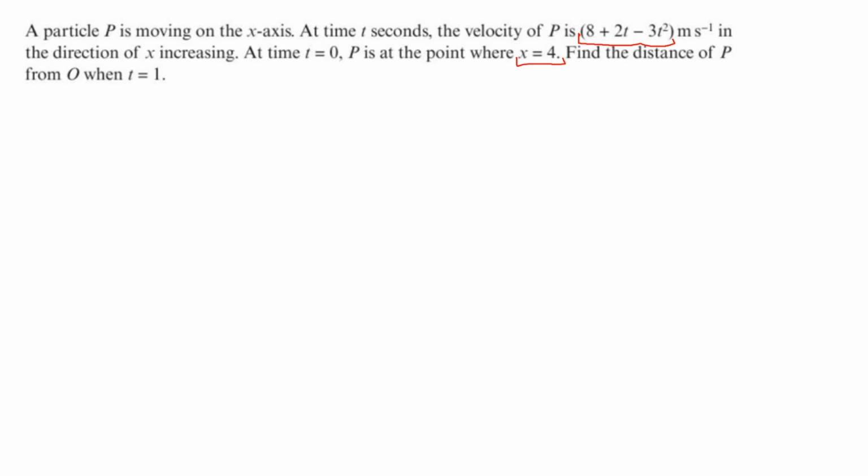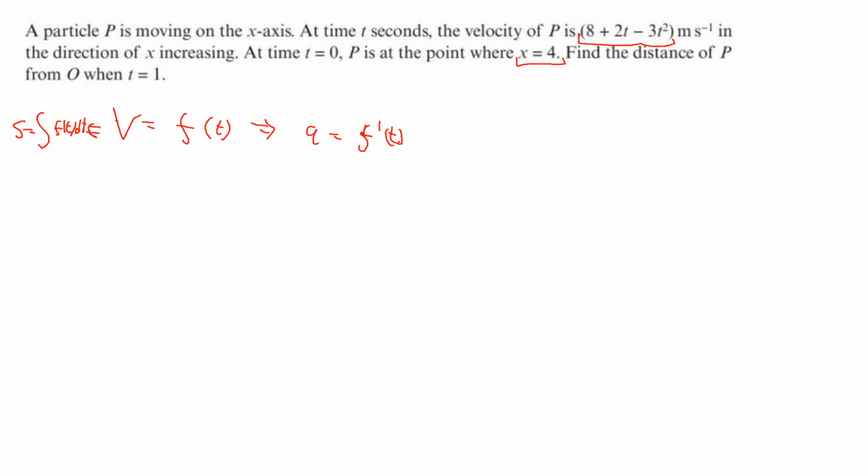Remember what we said before. If velocity is a function of time, the acceleration is the gradient function of time, and distance is the area underneath the function of time.